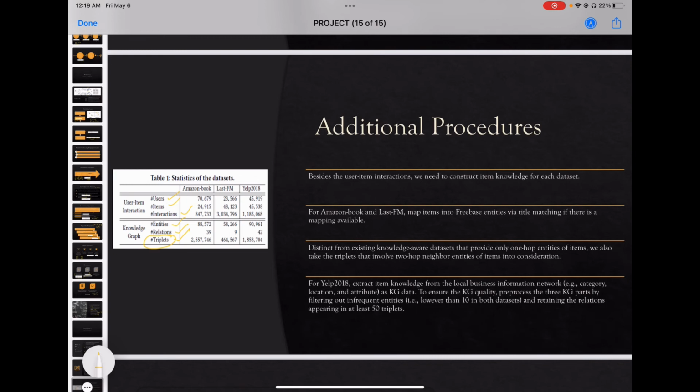To ensure this knowledge graph's quality, pre-processing the knowledge graph is done by filtering out infrequent entities, that is lower than 10 in both datasets, and retaining the relations appearing in at least 50 triplets.